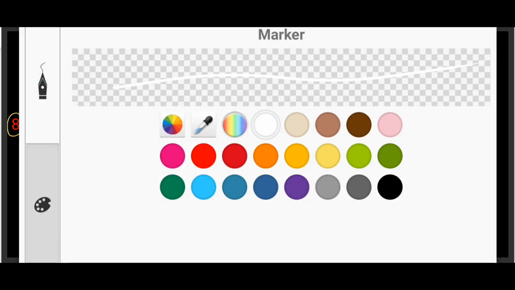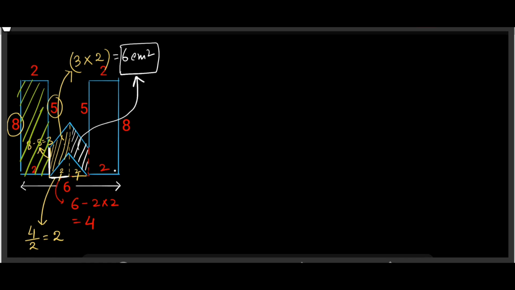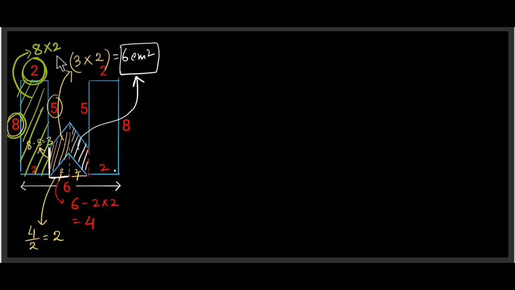And now we can calculate the area of this part, and this is a rectangle, so we know the area of a rectangle is length into breadth. So here breadth is 2 and length is 8, so the area of this rectangle is 8 into 2, and it is 16 centimeters square. Now this rectangle is symmetrical to this rectangle, so the area of this rectangle is also 16 centimeters square.